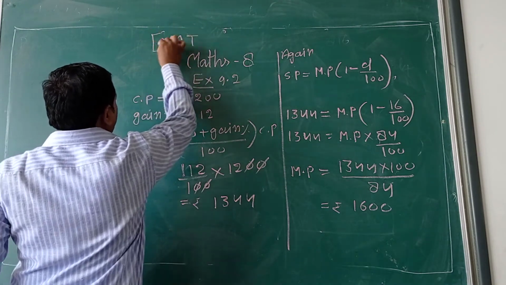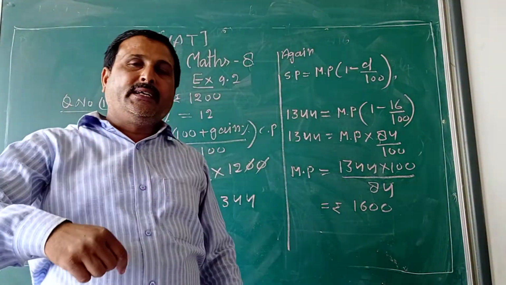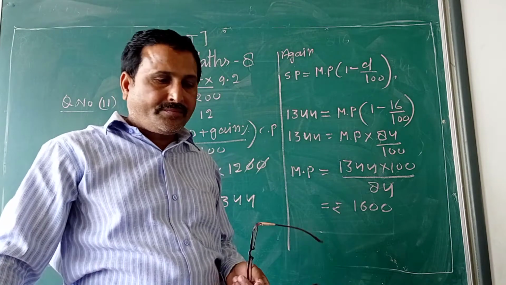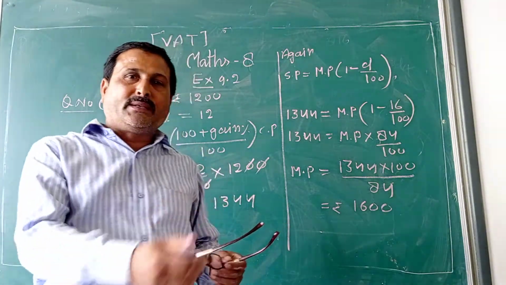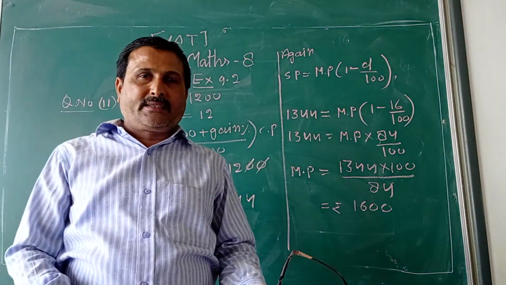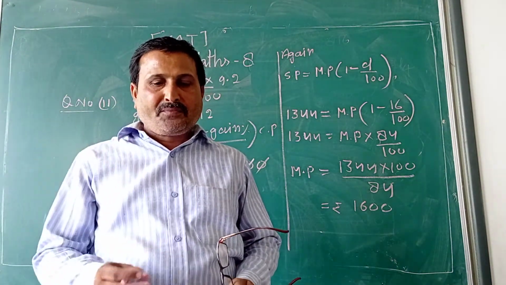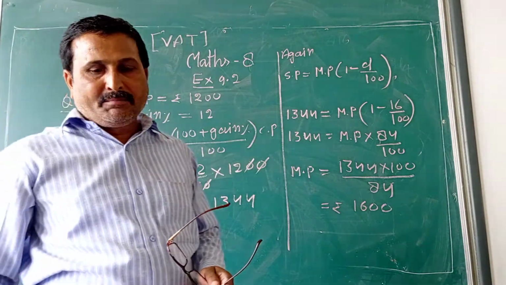This was used 2 or 3 years ago. Nowadays we study GST, goods and service tax. So now there is no need for this exercise because it is out of the syllabus, and there is no use of VAT anywhere, only GST is going on. So no need to solve any question on value added tax.